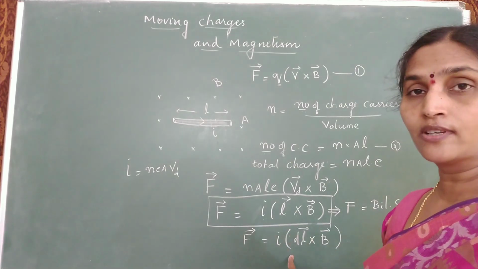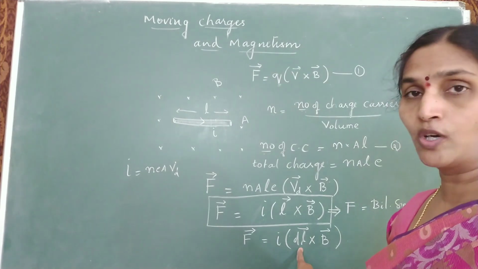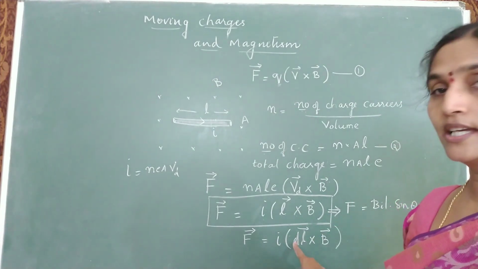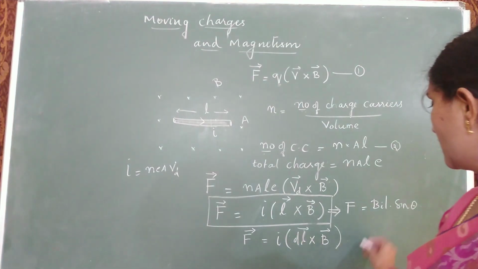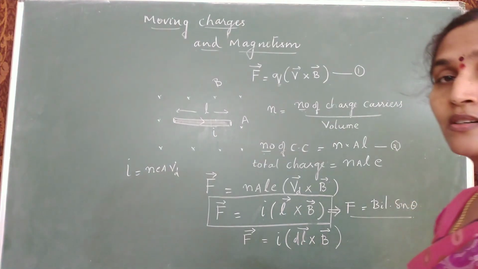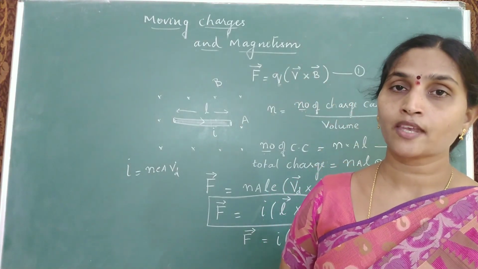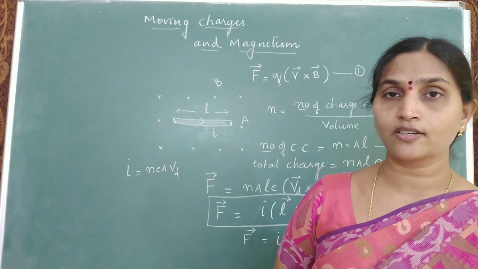If it is a curved conductor, then take a small element of its length, calculate the force on that particular element as I into dl cross B. So this is how you can find out the magnitude of the force acting on a current carrying conductor when you place it in an external magnetic field.